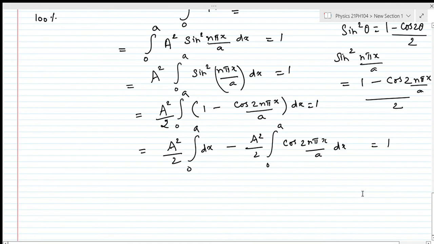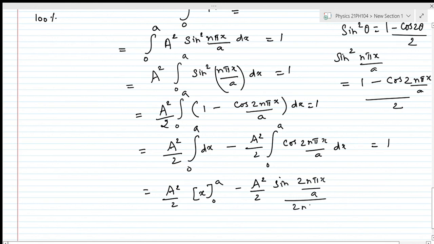Now on solving, we get A squared by 2 times x from 0 to a, minus A squared by 2 times sine (2 n pi x by a) divided by (2 n pi by a), is equal to 1. But we know that sine of n pi is always 0, so the second term vanishes.